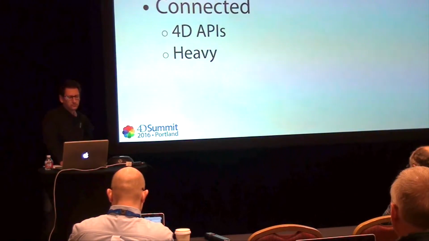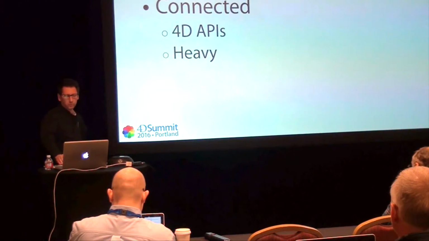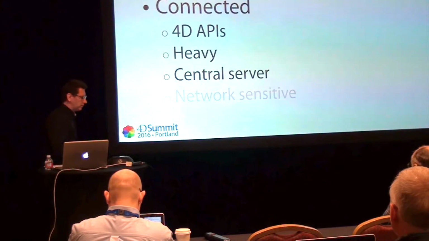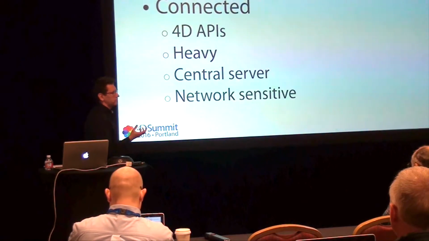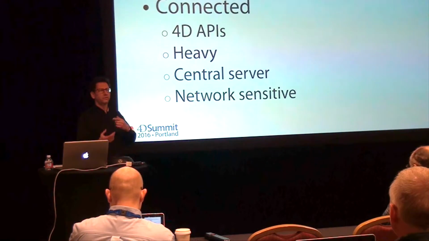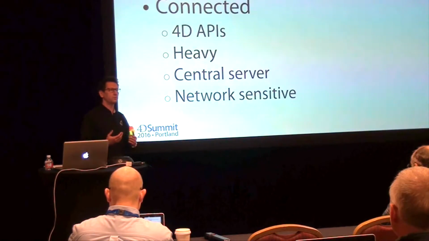So that consumes resources. And the second thing is that every single one of those clients is related to one server, and by the nature of the 4D protocol, the communication between clients and the server is pretty heavy.